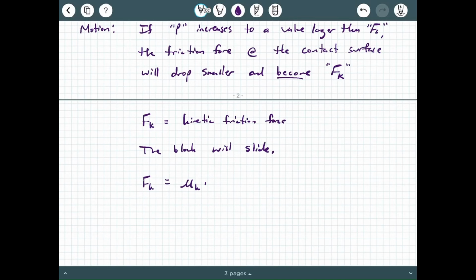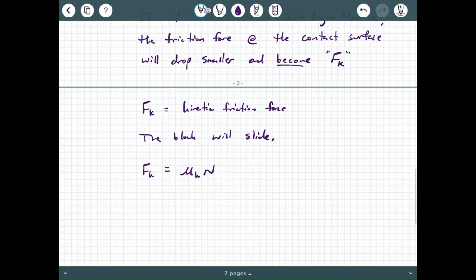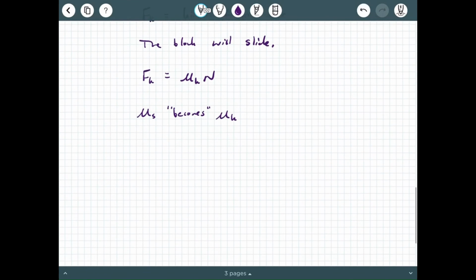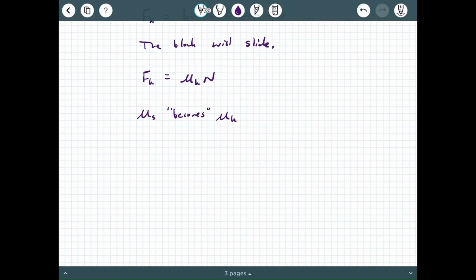And we say the kinetic friction force is equal to mu sub K times the normal force N. So essentially, mu sub S becomes mu sub K whenever the applied force P exceeds the frictional resistance F sub S, okay? So again, as I mentioned before, you need to read sections 8.1 and 8.2 because I'm just bullet pointing it for you here. Those sections are gonna go into a lot more detail, okay?